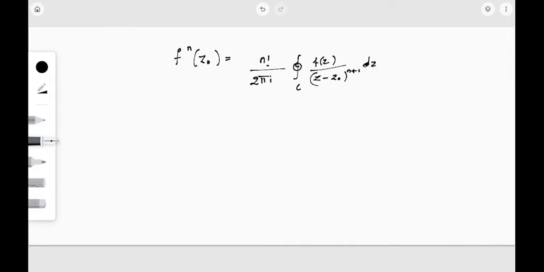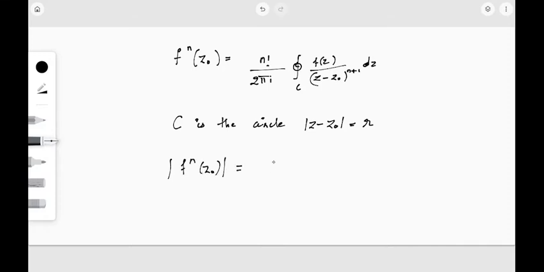This was the formula, where C was any contour. Now I'm going to suppose that C is the circle, modulus of z minus z0 equal to r. Then let's see what happens to modulus of f^n(z0).